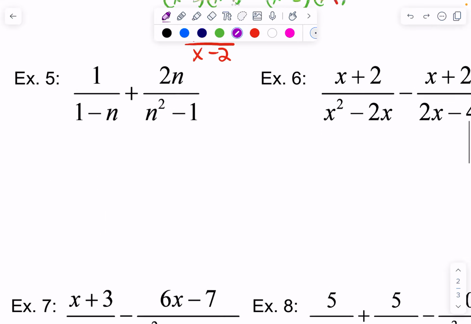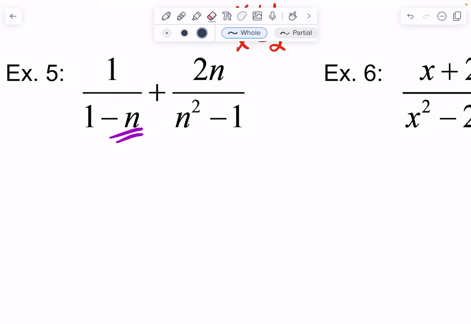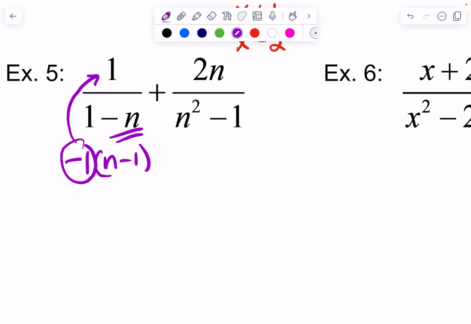Next, okay, number 5. Remember what we got here? When we fully factor, you always want to have the leading coefficient positive. So from here, I'm going to go ahead and factor out a negative 1. And I'm going to bring that negative 1 up to the numerator. As I said, it's going to avoid complications.